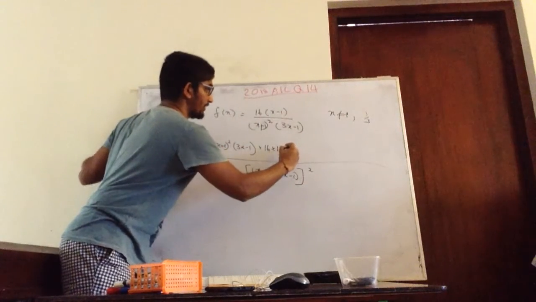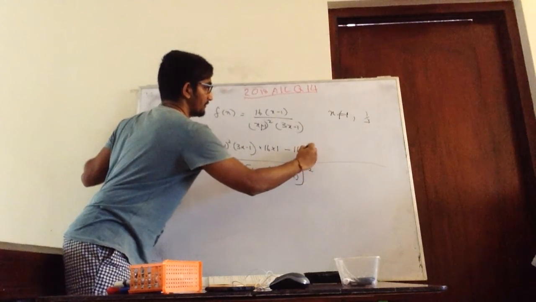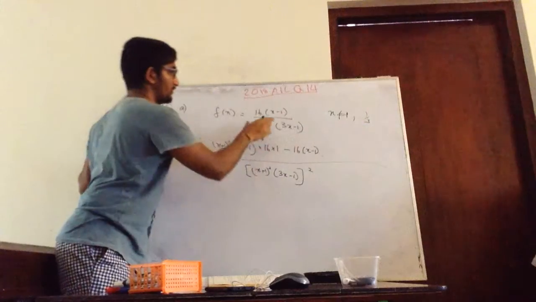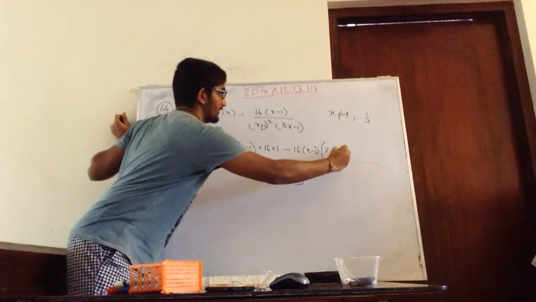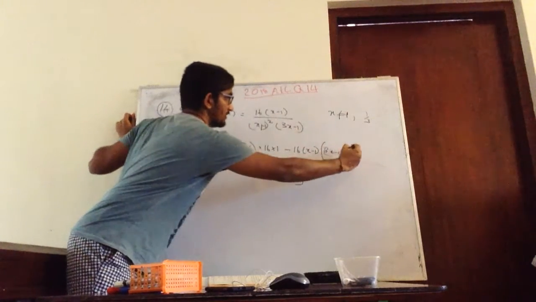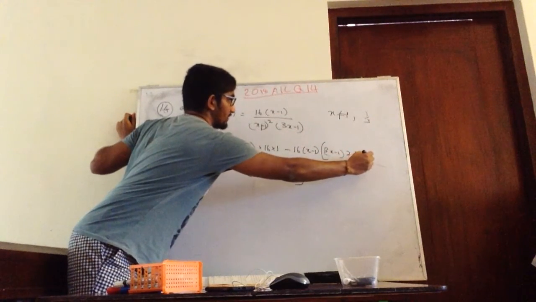Then you take this part, then you differentiate this whole part. So I'm going to take 3x − 1 and differentiate this, 2(x + 1).